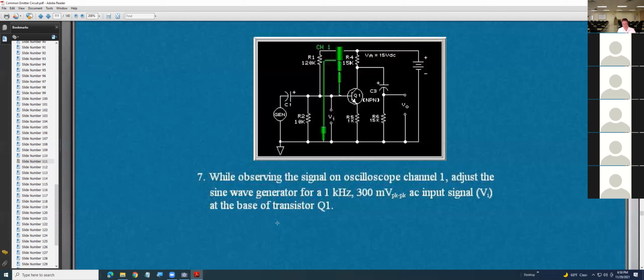Okay, so any question on the CE amplifier, I can answer for you. Anyway, if we have enough circuit boards, we can try to do the transistor amplifier.